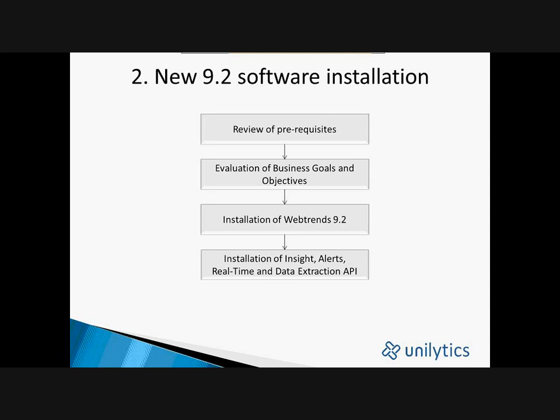There is also an option for real-time data, as well as a new data extraction API, which is a completely novel and fantastic way of getting data out of Webtrends into third-party applications with absolutely no programming knowledge necessary. Once all the pieces of the software are in place, then we can actually deploy Webtrends as per the survey that we've established and your business goals and objectives.